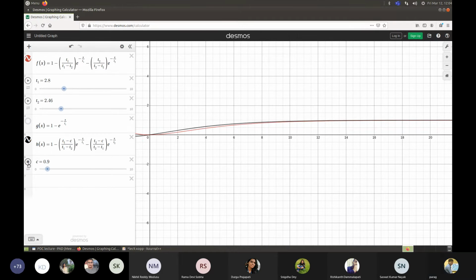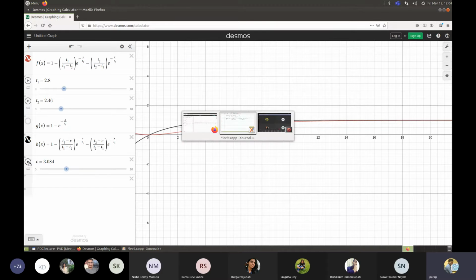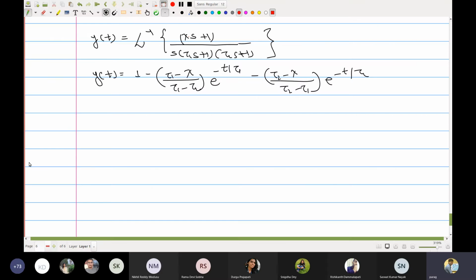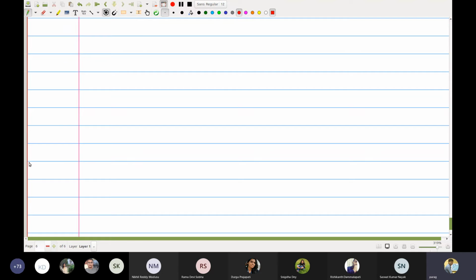As you add, the worst that you can do is just become equal to the second order response. But the moment I add something in the numerator, it goes up, and not only does it go up, it can as well overshoot. So let me draw the response here.